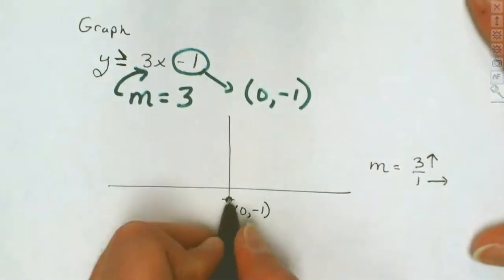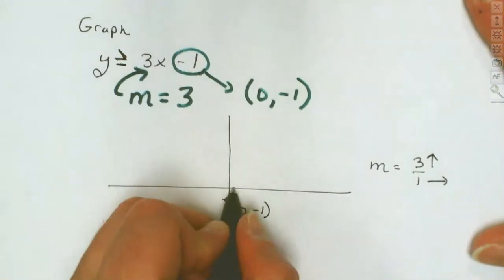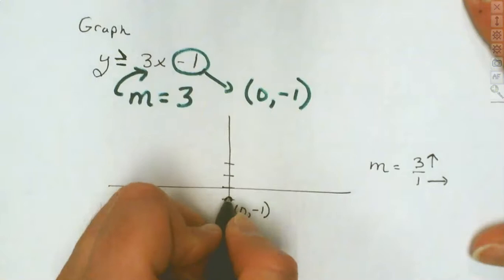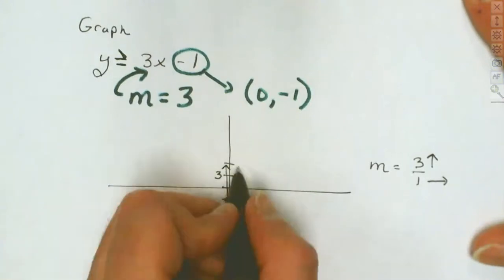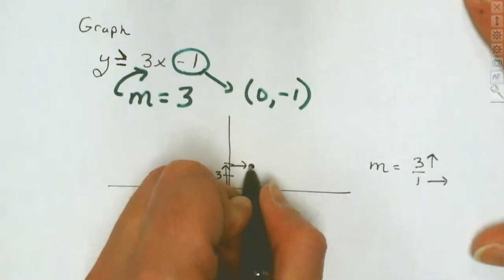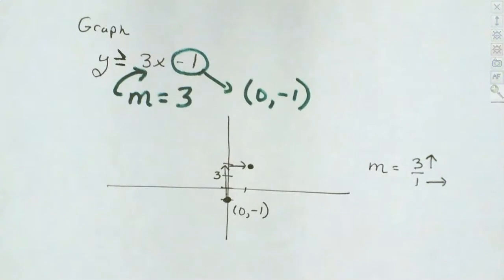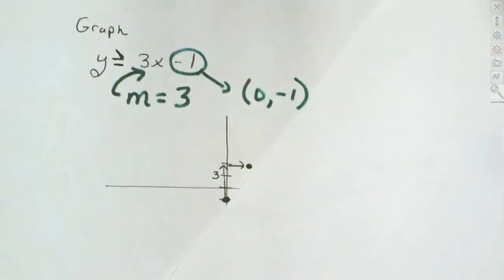So we start here, and we go up 3 units. So we go up 1, 2, 3, up 3, and then we go over 1. And we make our new dot, just like we've done before. Now we connect them together. The only new part is the shading. So we're going to have to shade.